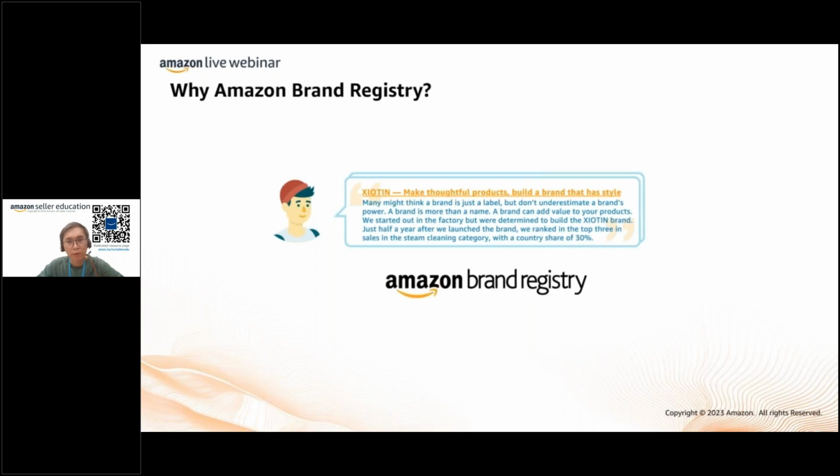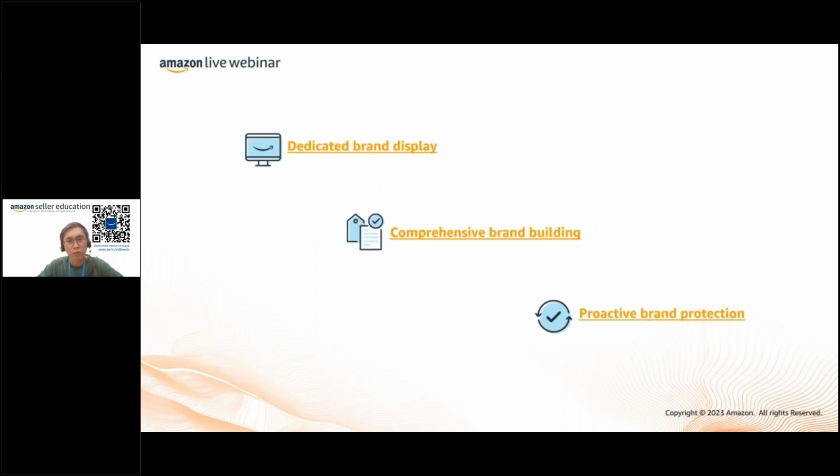I'm going to share in the next few slides what you can do with the enrollment of Amazon Brand Registry. In three quick points, you have a dedicated brand to display your products, comprehensive brand building tools, and, most importantly, proactive brand protection once you are enrolled in the Amazon Brand Registry.